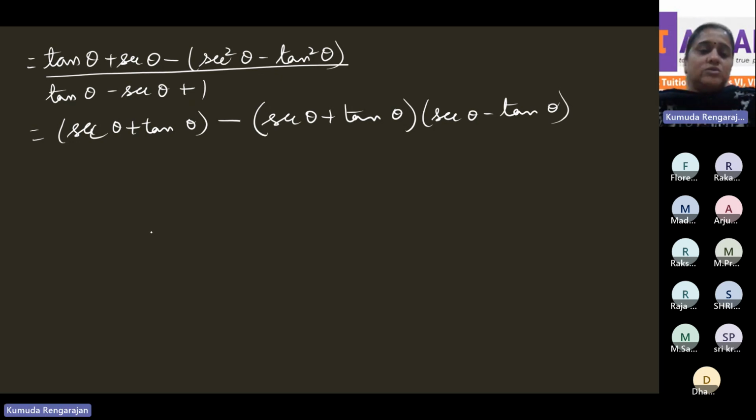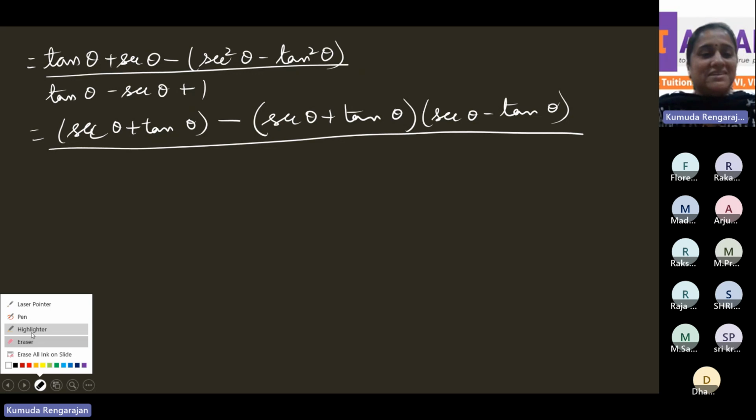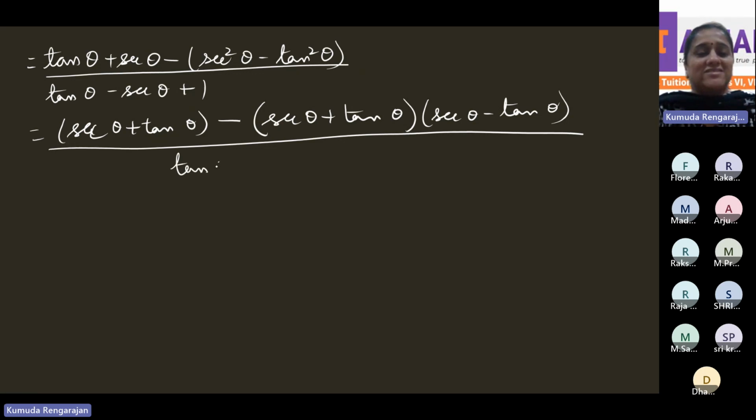Secant theta plus tan theta into secant theta minus tan theta divided by the denominator as it is, children. Denominator as it is. I shouldn't be lazy to write. One minute. So denominator as it is, tan theta minus secant theta plus 1. Now what next, children? Whenever there's something common, we have to take out the common factor. Now what is common? Secant theta plus tan theta is common, correct?